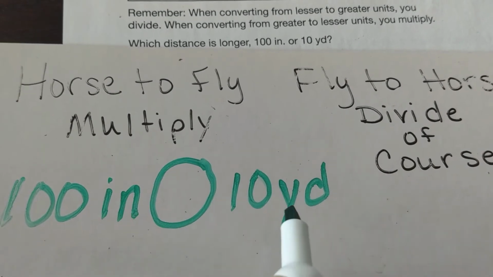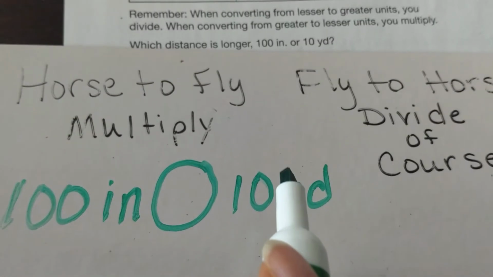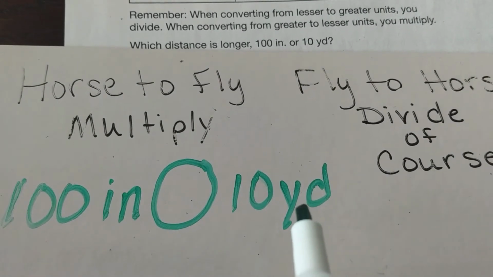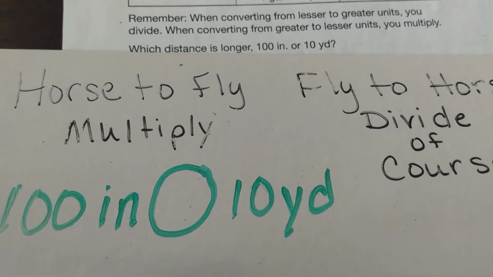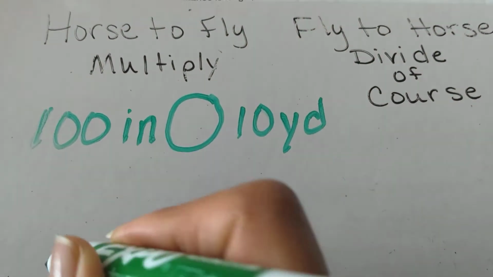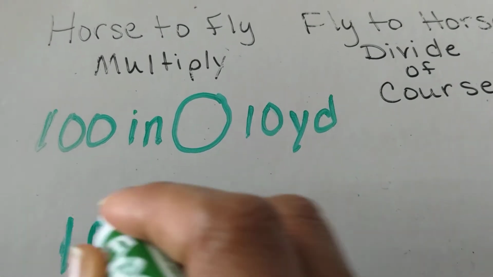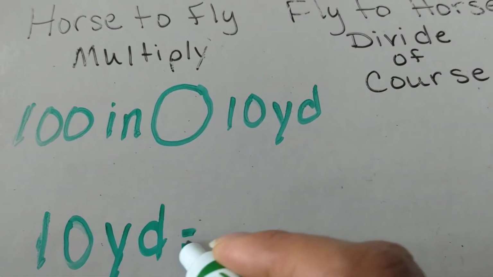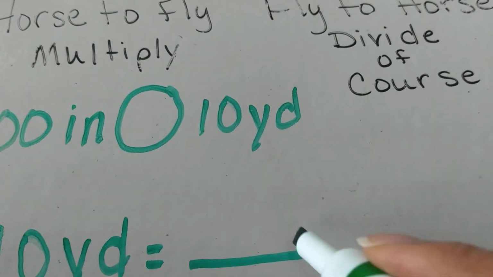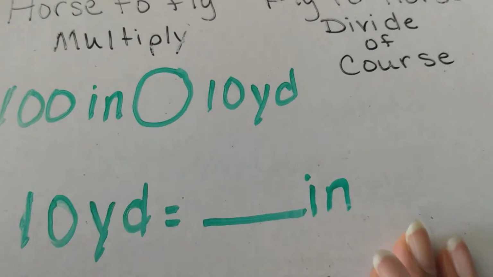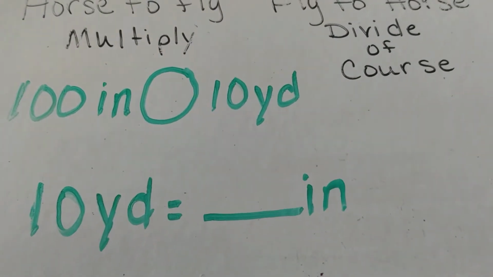Now, that's inches and that's yards. I know that. But we're going to change the yards to inches because it's a lot easier, okay? So we're going to start with that first. Let's rewrite it. And we're going to say 10 yards is equal to how many? You guessed it, inches.